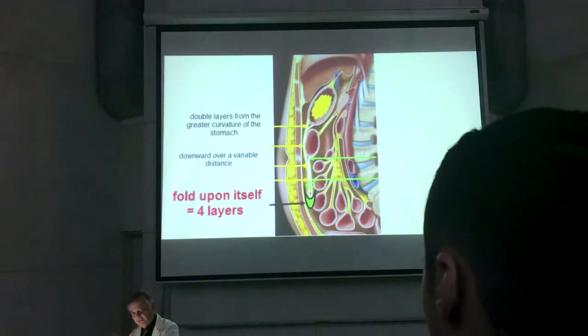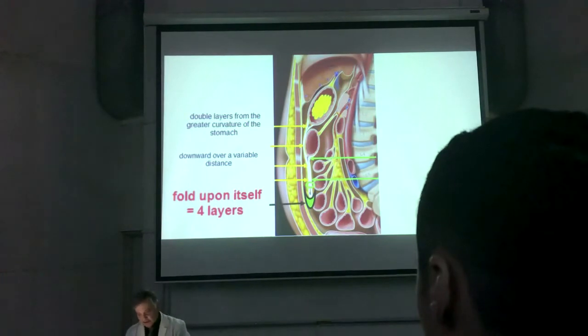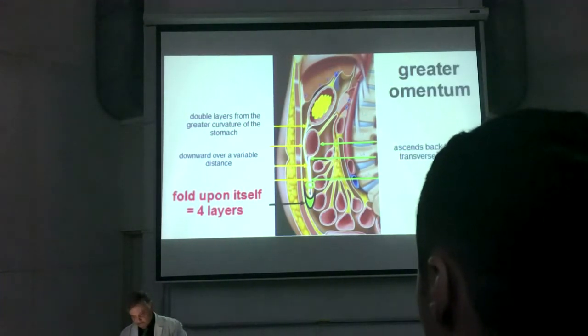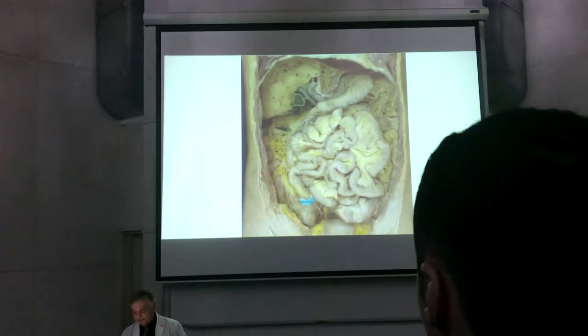The posterior 2 layers cover the transverse colon, finish with the transverse colon, and they go to the posterior abdominal wall, making the transverse mesocolon. This is the greater omentum. This is the story of the greater omentum.